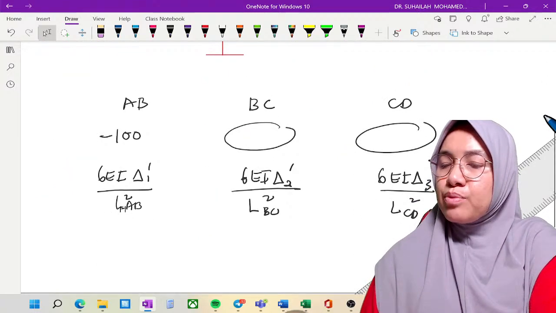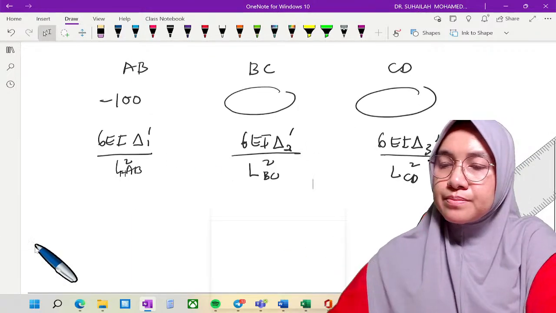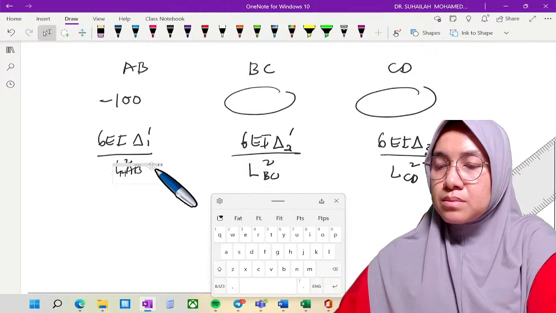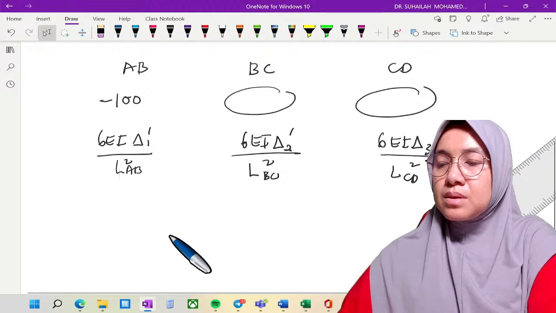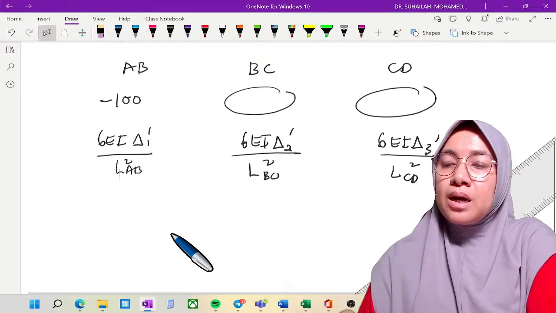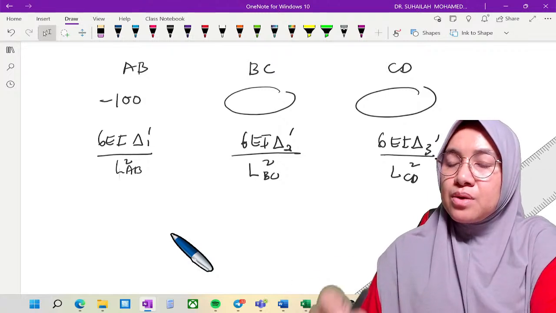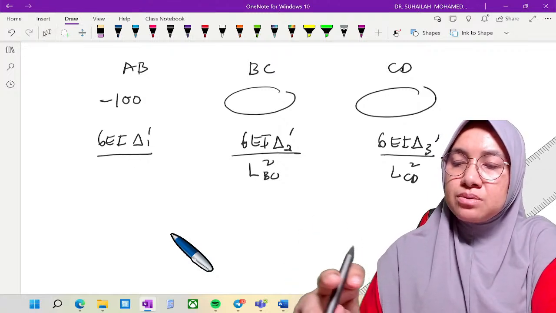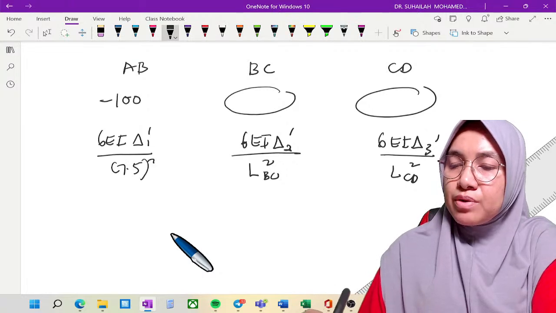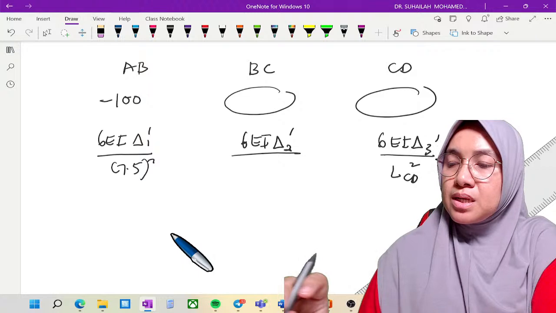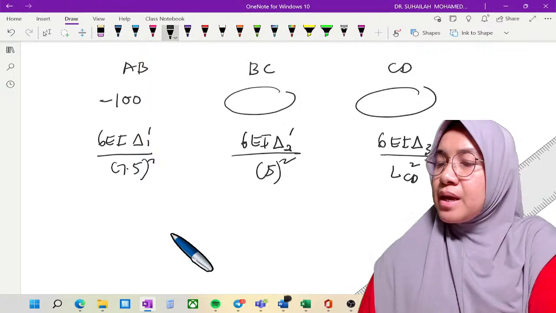So we put the L values: this is 7.5, this is 5 squared, and this is 9 squared.